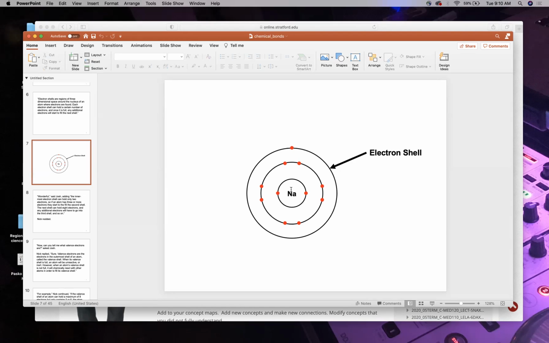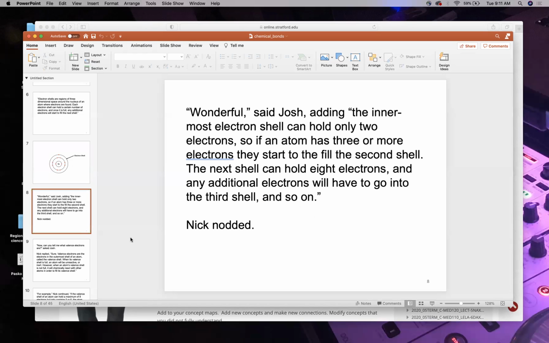So an atom is comprised of a proton, which is a positively charged particle in the middle, and a neutron, which is neutral, also in the middle, and these shells of energy called electrons, and the electrons are negatively charged.